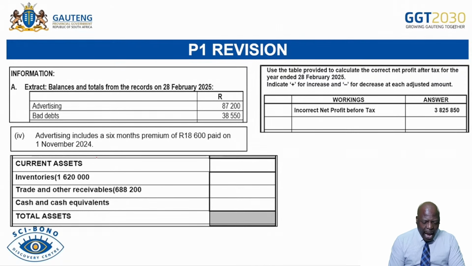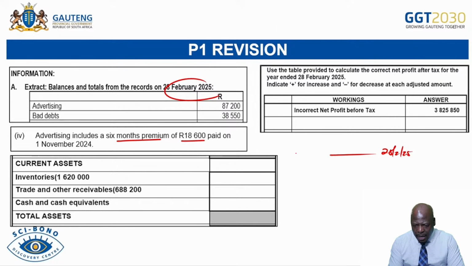It reads, advertising includes a 6 months premium of 18.6 paid on the 1st of November. Timelines are key. This financial year ends on the 28th of February. So if it's ending on the 28th of February 2025, it began on the 1st of March 2024. All right.